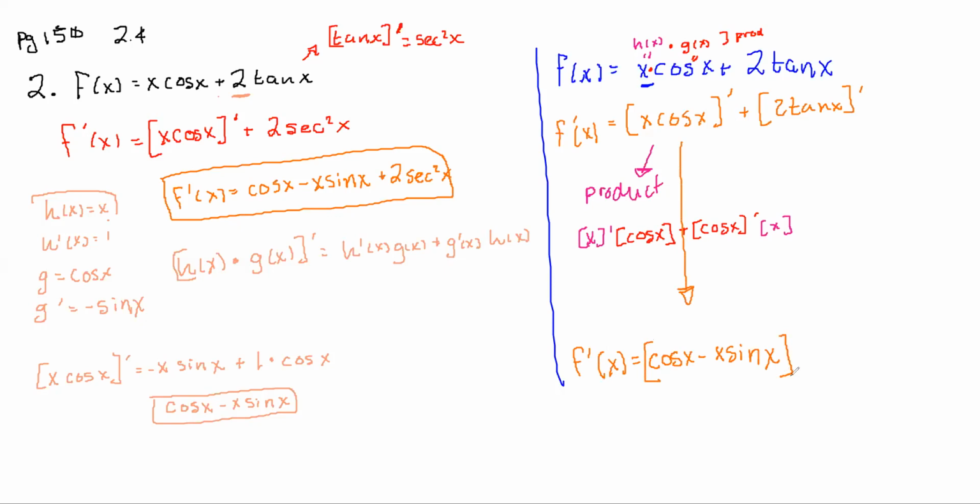Correct? Then I'm going to say I need to finish the derivative by finding out what the derivative of this is so that I can have the whole thing put together. And I went ahead and used my rules of taking derivatives here, and this is what I ended up with, the secant squared.